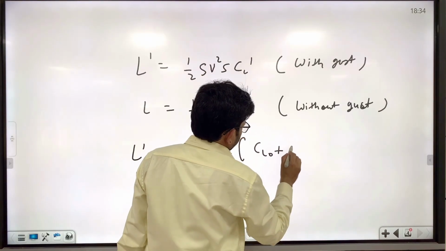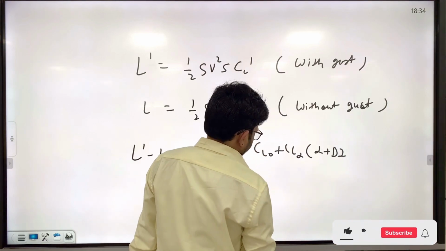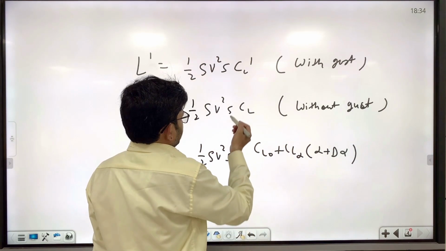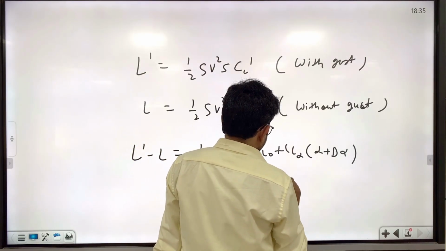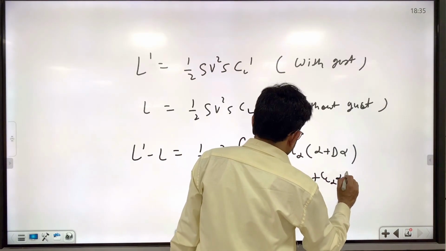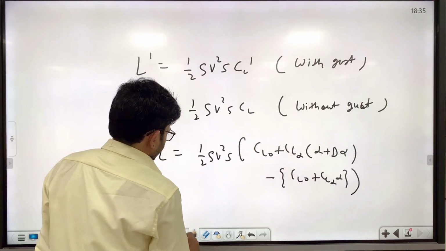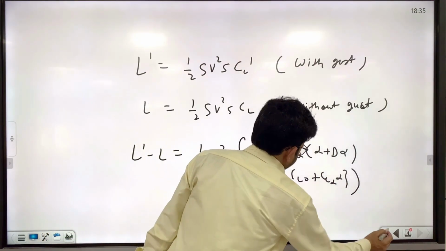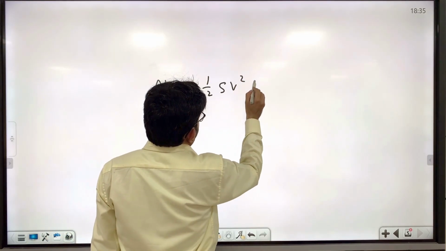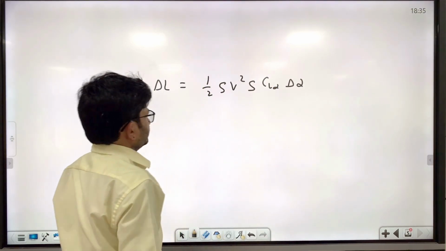This is CL naught plus CL alpha into alpha plus delta alpha. That means delta alpha is the change in angle of attack due to gust. Okay, and similarly you can write CL naught plus CL alpha into alpha for the without gust case. Finally, delta L you can write as half rho V square S CL alpha delta alpha.